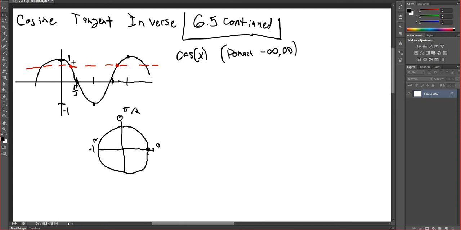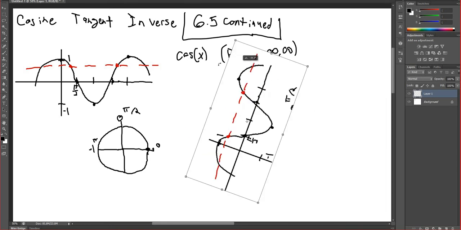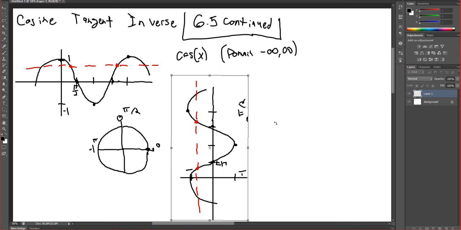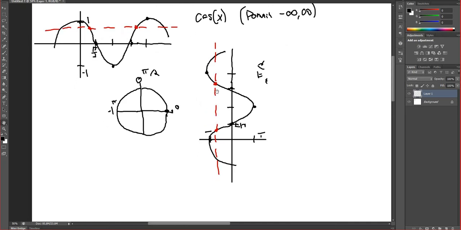Because what I would do, and this is where my Photoshop skills are going to come in handy, essentially, this would become our graph of cosine inverse. But now it's failing the vertical line test, so it wouldn't actually be a function.